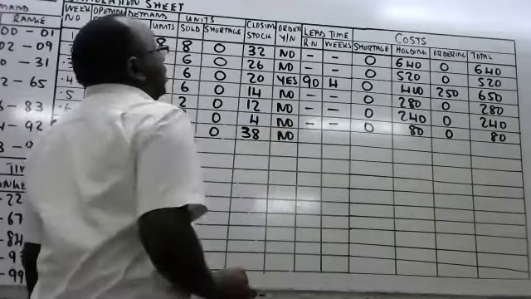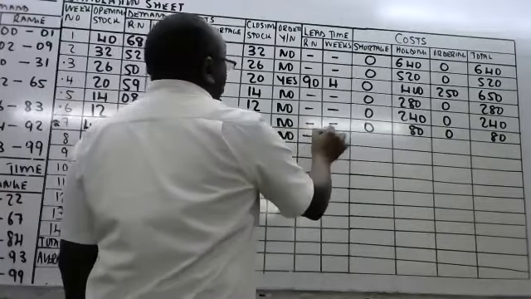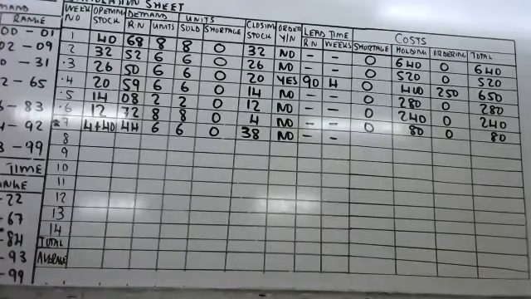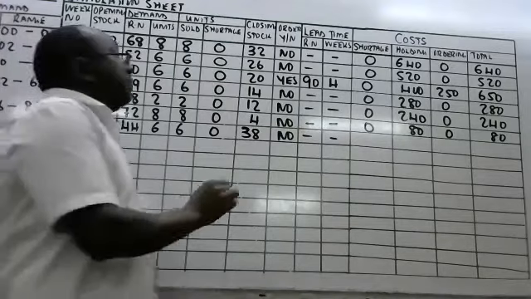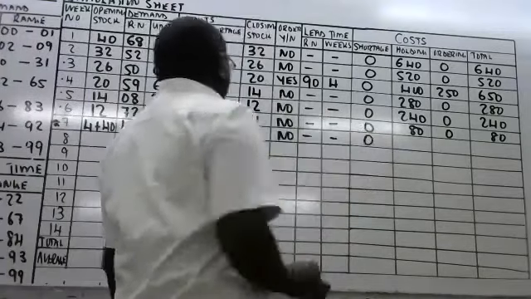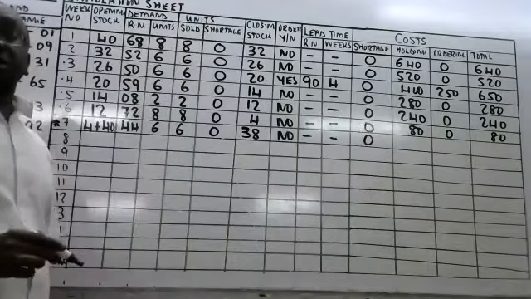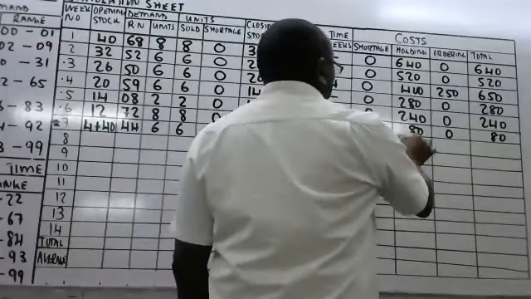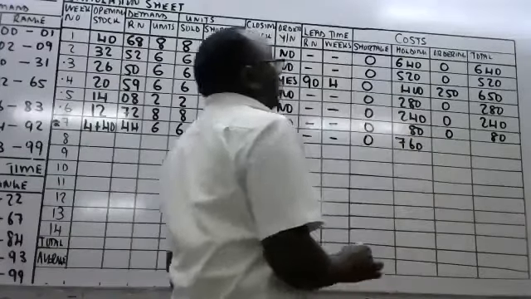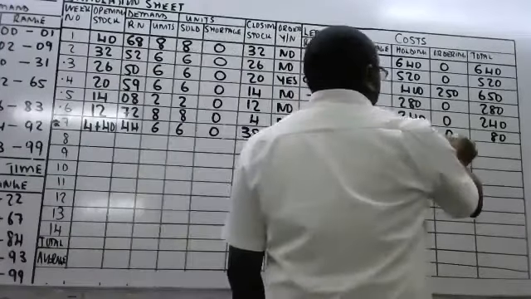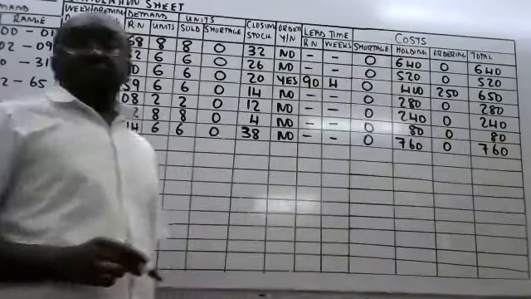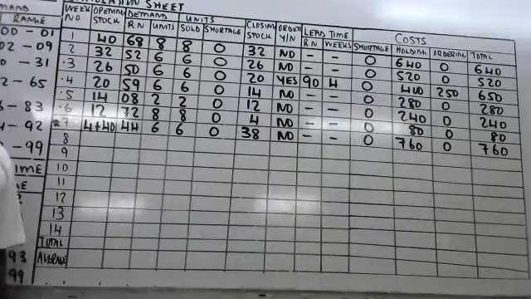No. The random number, nothing there for the real time. So we are going to have a shortage of 0, and a holding cost of how much? 760. And then the ordering is 0. Then we have 760.